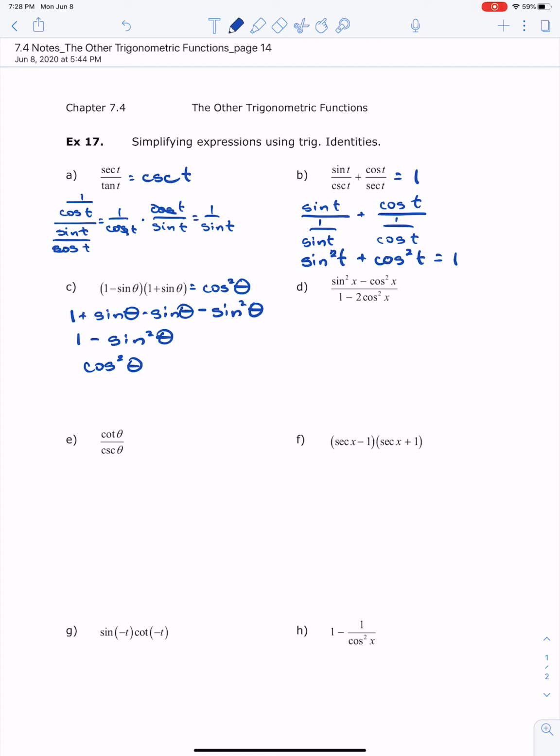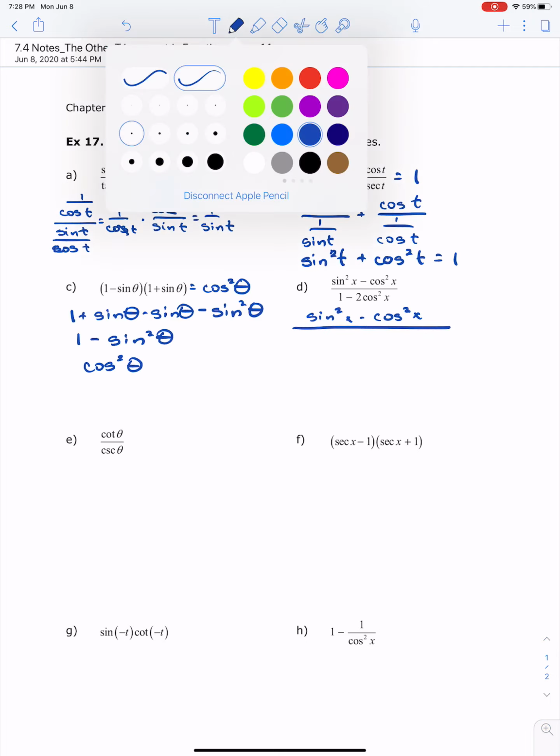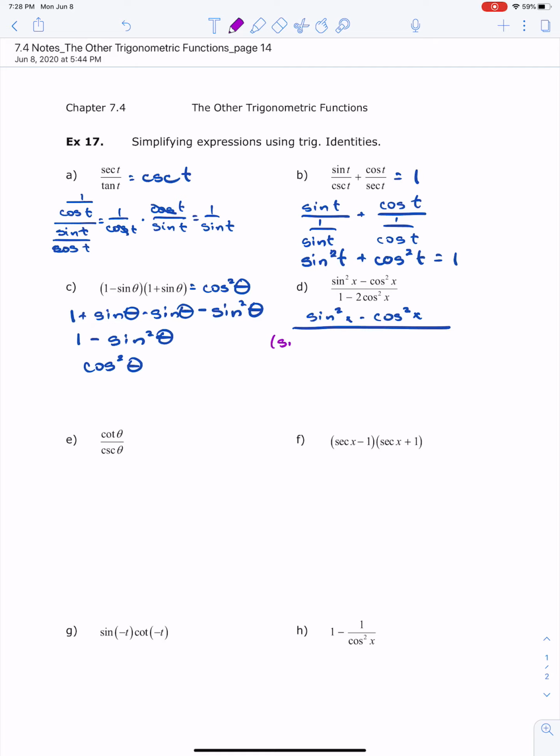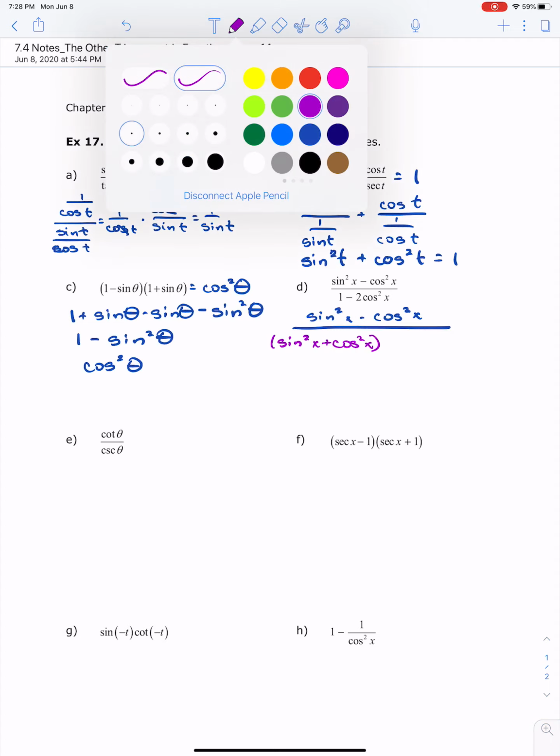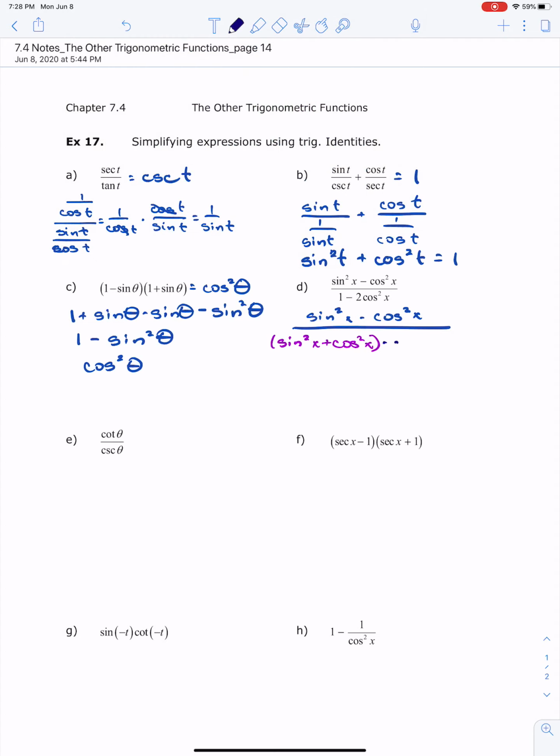D, this one looks a little overwhelming, but I'm going to use what I just did on C. So I got sine squared x minus cosine squared x. The 1, I'm going to go ahead and rewrite as sine squared x plus cosine squared x. Still have this minus 2 cosine squared x in the denominator.